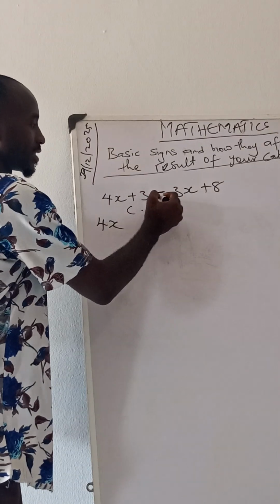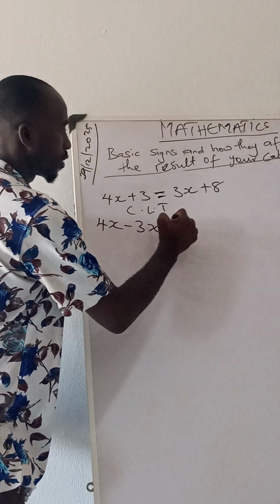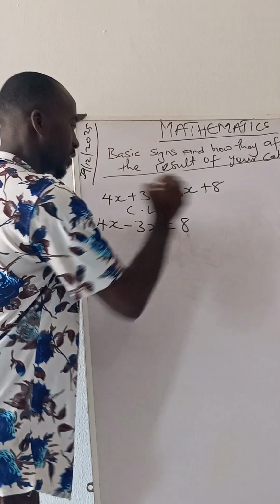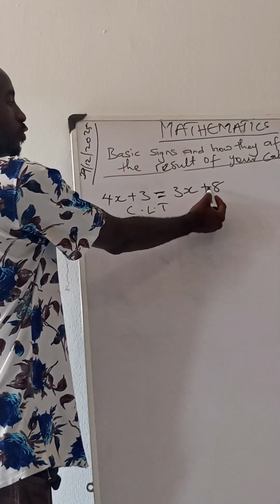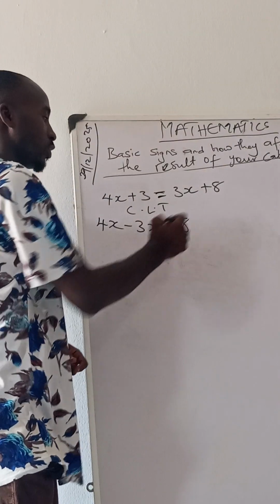It is crossing an equal to sign. It will change to minus 3x equal to, we have a positive number here, which is plus 8. We retain 8. Any number that stands on its own is a positive number. We do not need to include the plus there, except when it is a negative number we show.